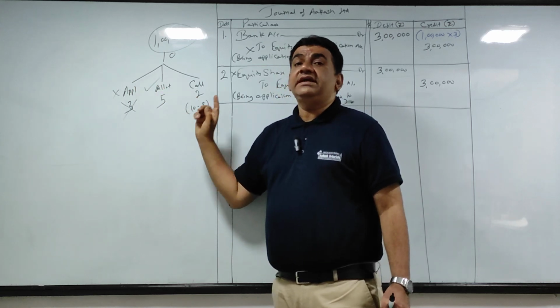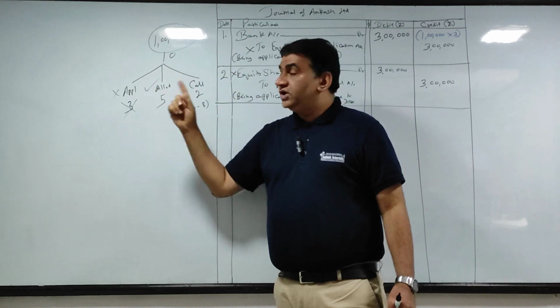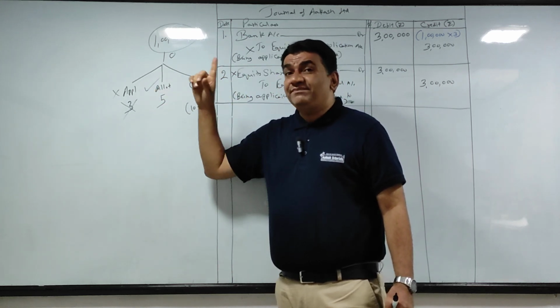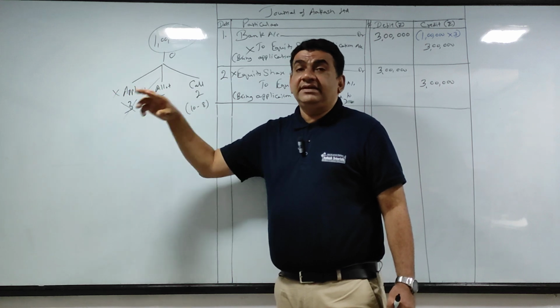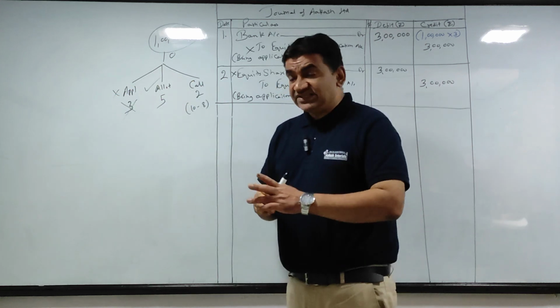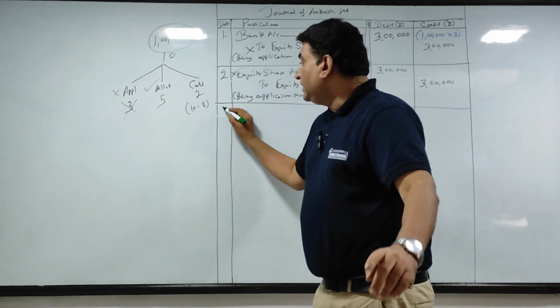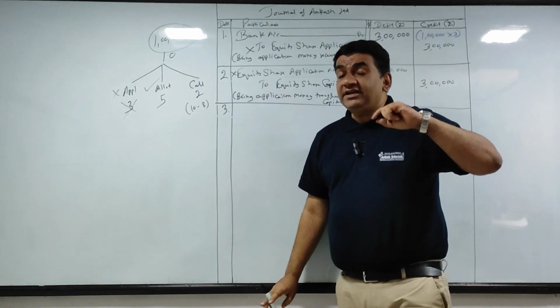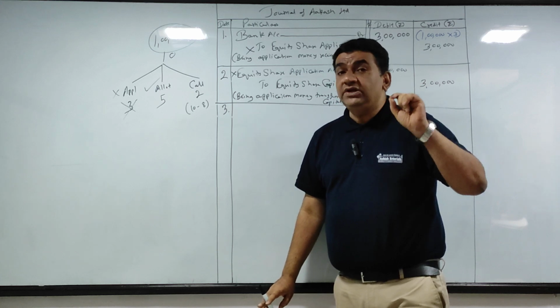Now they will be asked to pay the allotment money. The company will send them a reminder and they will give them few days to pay. So now the next entry will not be money received, but it will be entry for allotment money due.